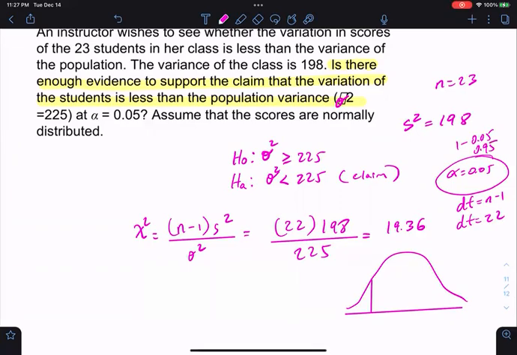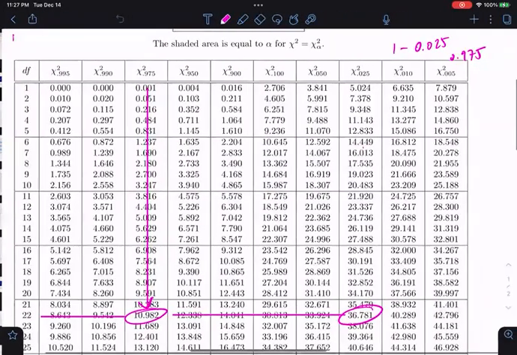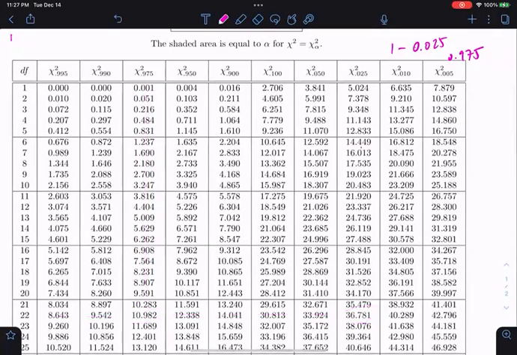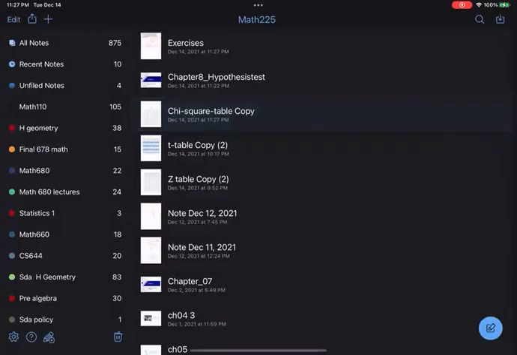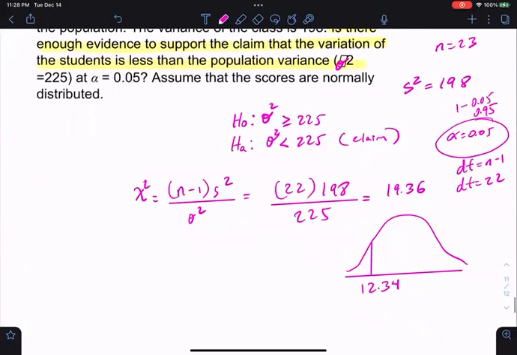So it's 0.95 and 22 degrees of freedom. This is 12.34. So the chi-square value is 19 something.